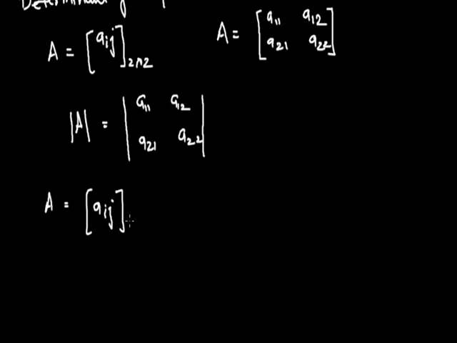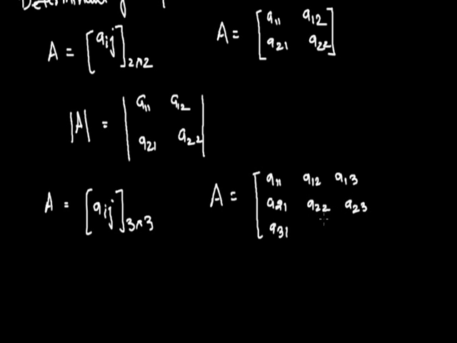Now the order of 3: Aij, 3 by 3. The matrix of 3 by 3 is A11, A12, A13, A21, A22, A23, A31, A32, A33.